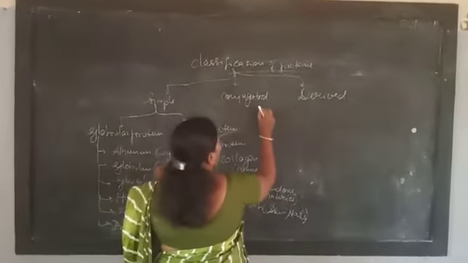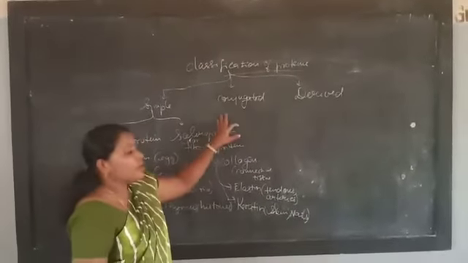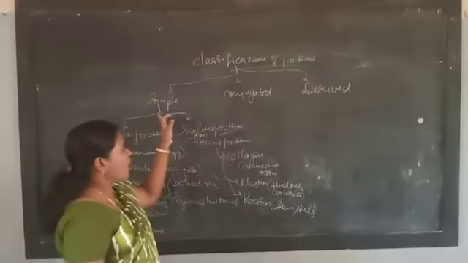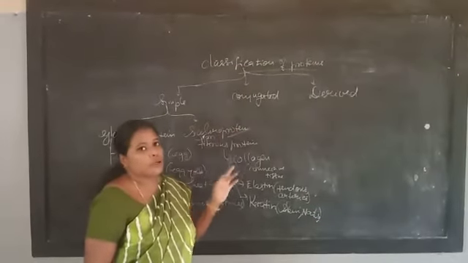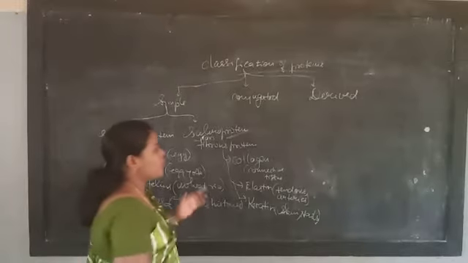Then going to conjugated proteins, as I already told you, besides amino acids, they contain a non-protein group, the prosthetic group.